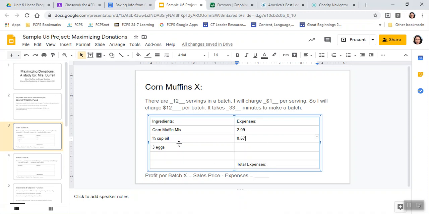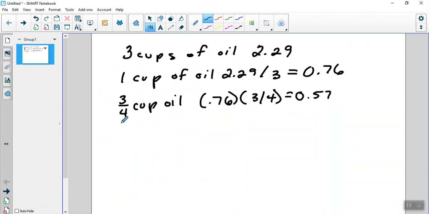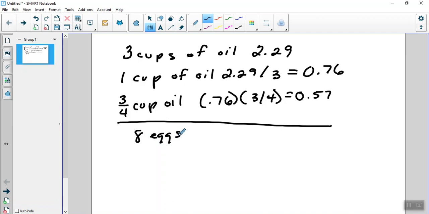Alright, now I need to find the price for 3 eggs. So looking at the baking info, it says 8 eggs are $1.49. So let's go back. 8 eggs are $1.49.